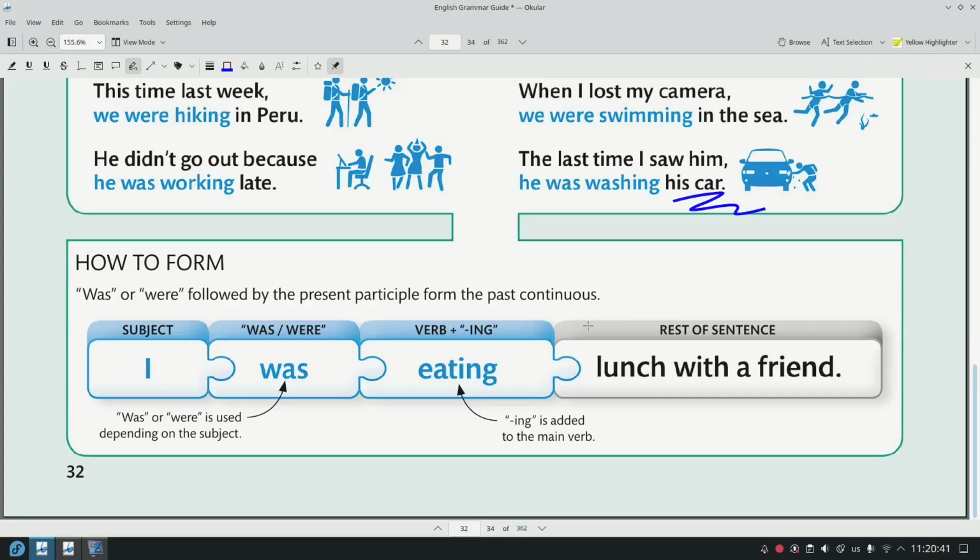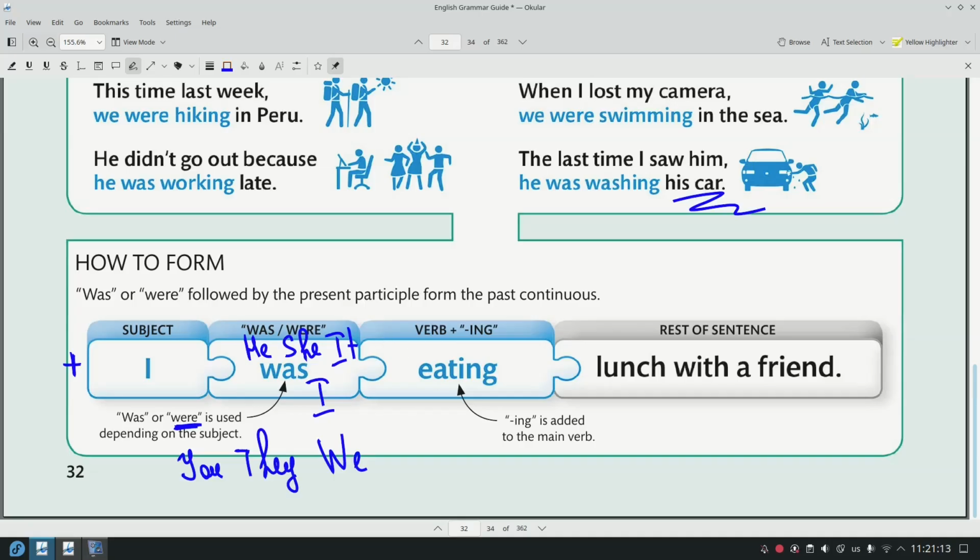How to form? You need the subject. If we are talking about positive sentences, the subject takes the first place. Then goes your to be verb in the past simple, was, for he, she, it, I, and were for you, they, we.